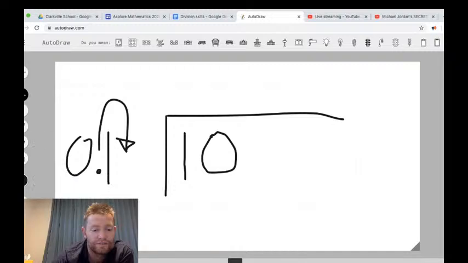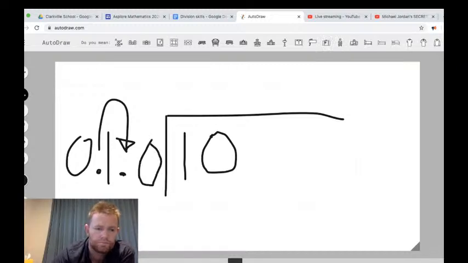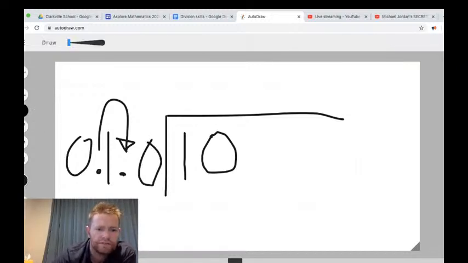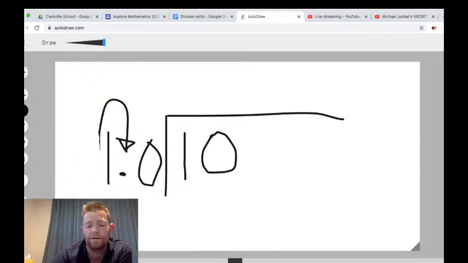It's now no longer 0.1, it is 1.0. Oh, maybe this is the delete button. I might be able to do it now. Oh, excellent. So now it's no longer 0.1, but it's 1.0.